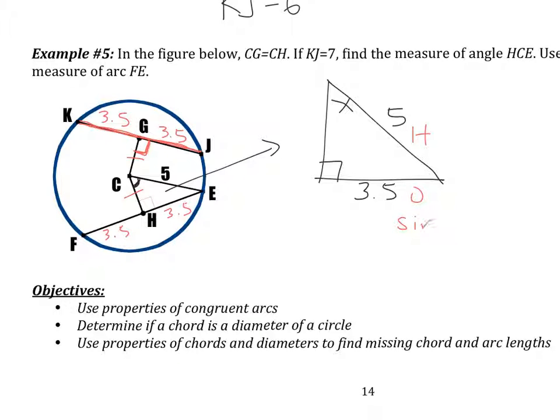So sine of x is equal to 3.5 over 5. How do we solve for an angle measure? What do we use? The minus 1 thing. That's called an inverse. So we're going to use the inverse sine. So we're going to say x is equal to sine inverse of 3.5 over 5.